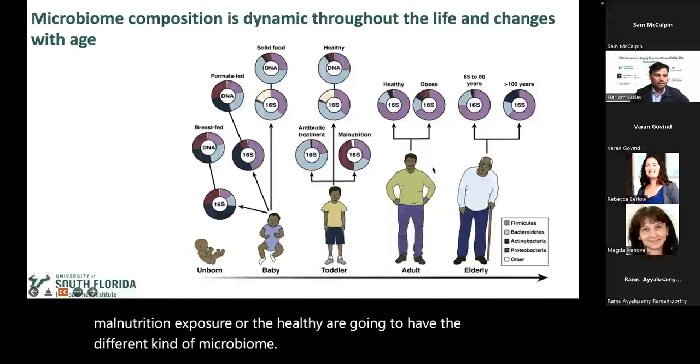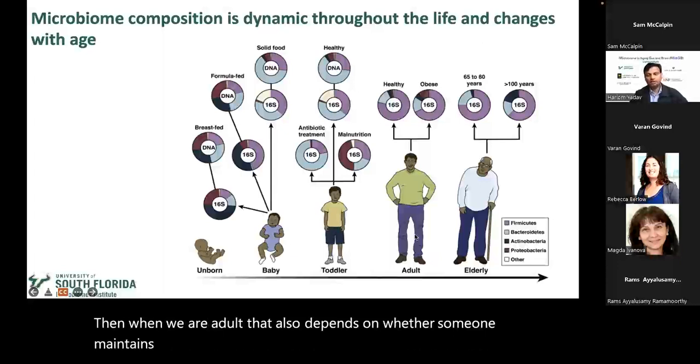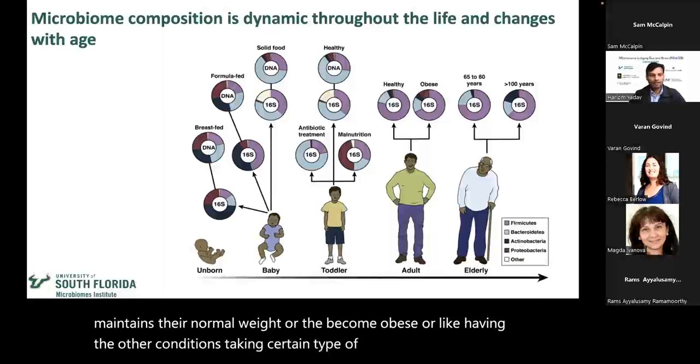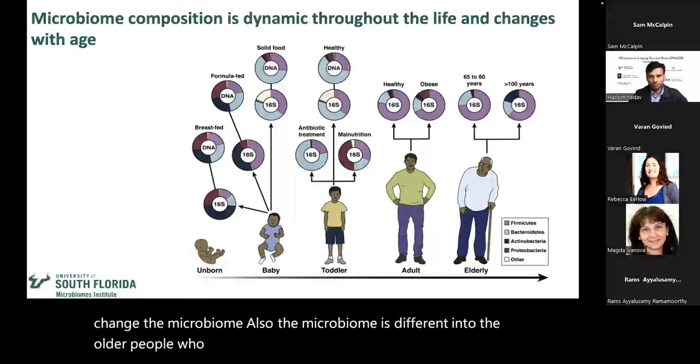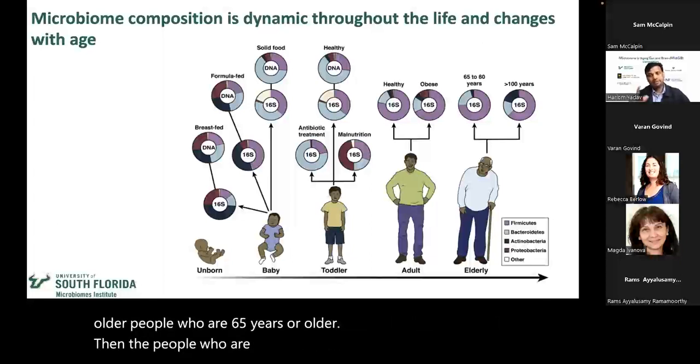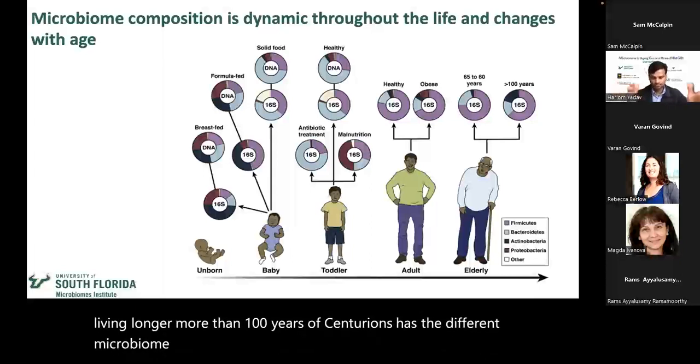Then when we are adults, it also depends on whether someone maintains normal weight or becomes obese, or has other conditions, and taking certain types of medications can change the microbiome. Also, the microbiome is different in older people who are 65 years or older than in younger people, as well as in people who live longer, more than 100 years. So centenarians have a different microbiome than people in the middle age range.